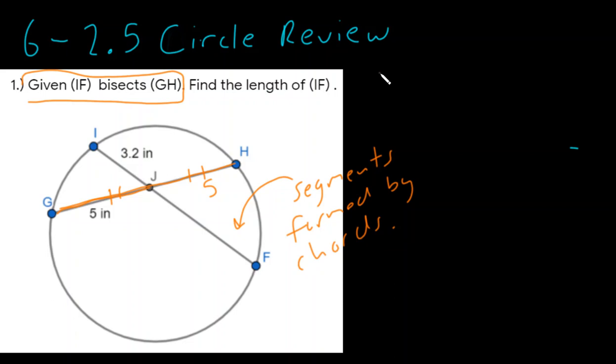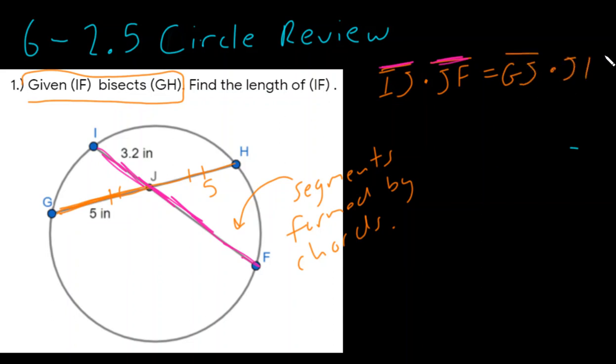We can say IJ times JF will actually be equal to, and notice, that line is in purple. So that line, IJ times JF, must equal GJ times JH. Or you can think of it as part times part is equal to part times part.